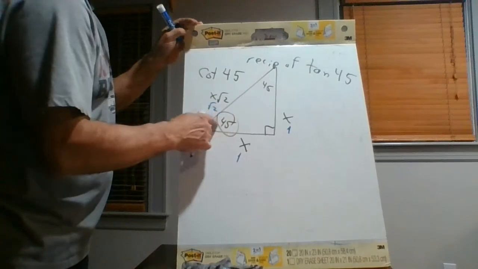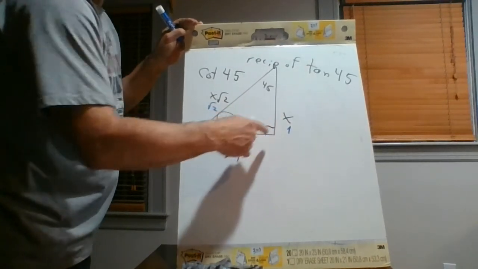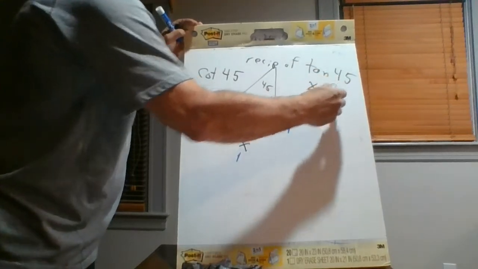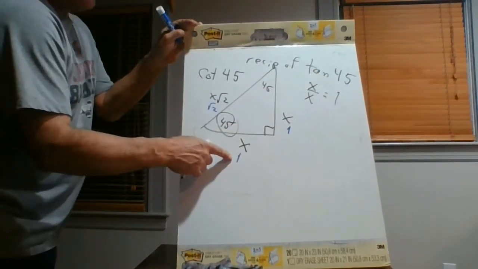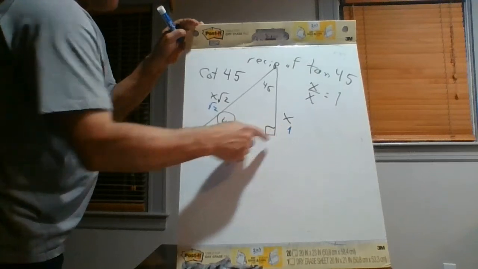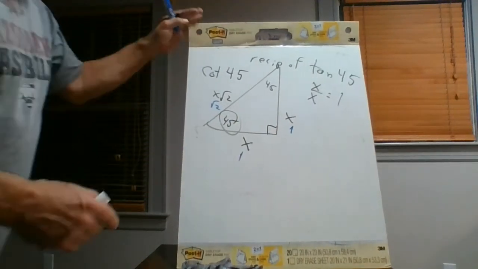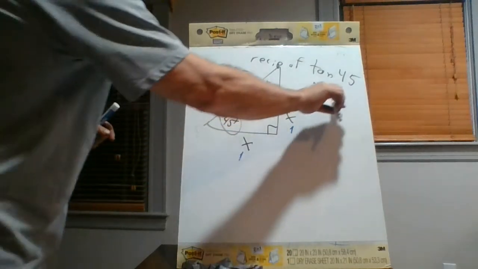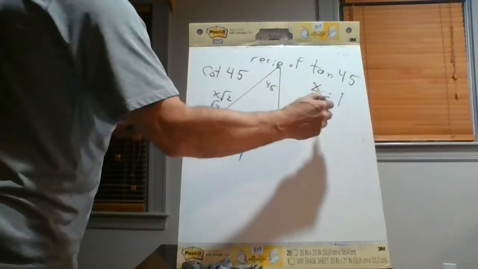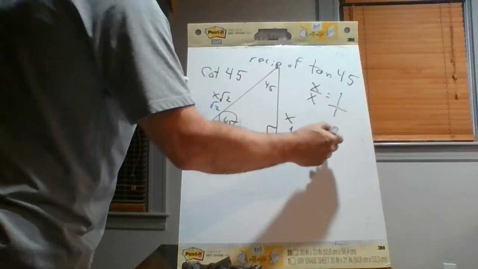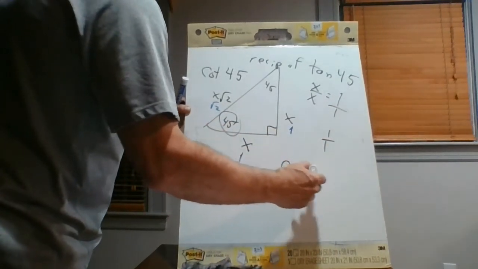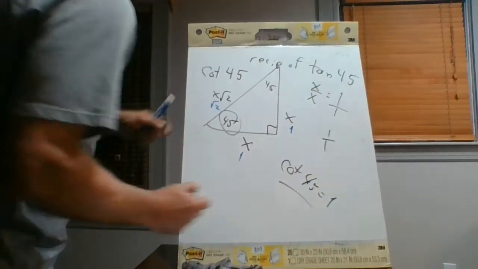So for this angle 45, opposite is x over adjacent x over x is 1. If you use the blue numbers, opposite over adjacent, 1 over 1 is still 1. So tangent of 45 is 1. So cotangent, it's reciprocal. What's the reciprocal of this? Well, it's still 1. The reciprocal of 1 is 1. So cotangent 45 is 1.